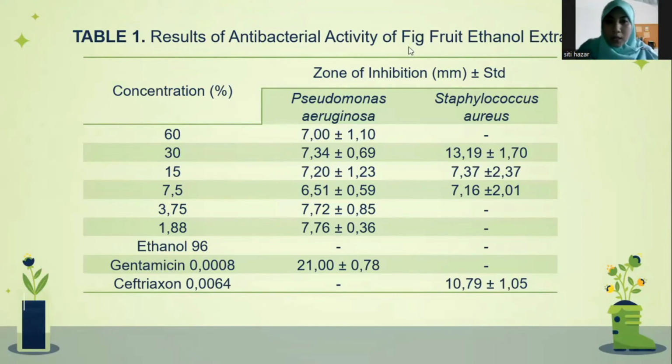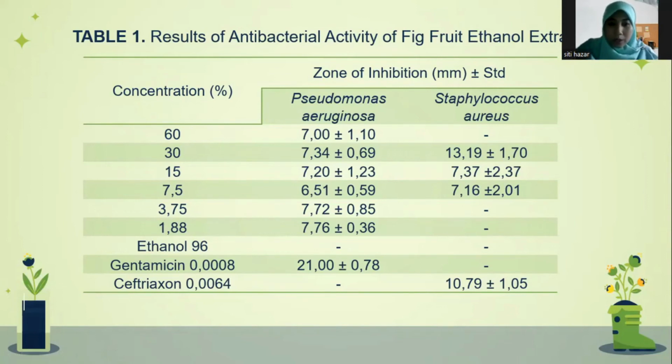We can see there is a diameter around the paper disc, but the fig fruit at a lower concentration can inhibit Pseudomonas aeruginosa more than Staphylococcus aureus. The inhibitory zone found in both bacteria ranges from 7 millimeters in diameter.